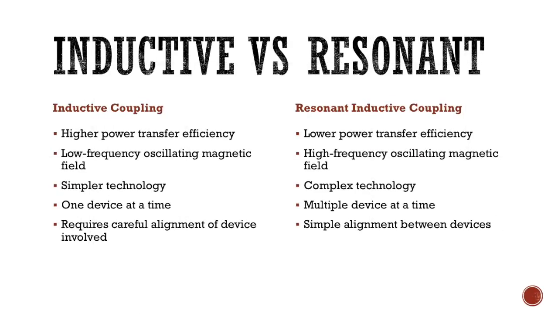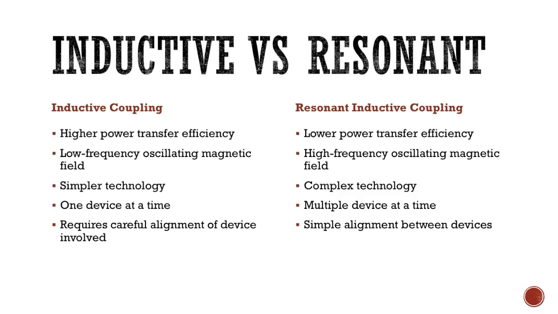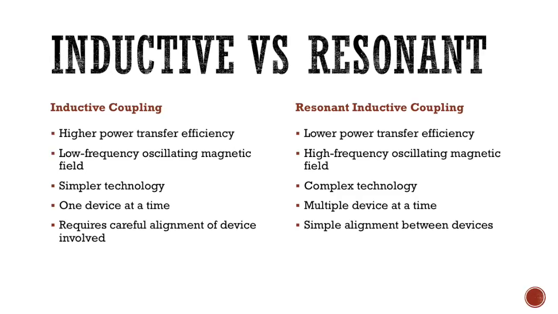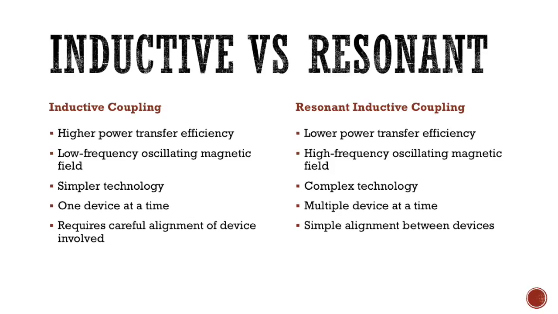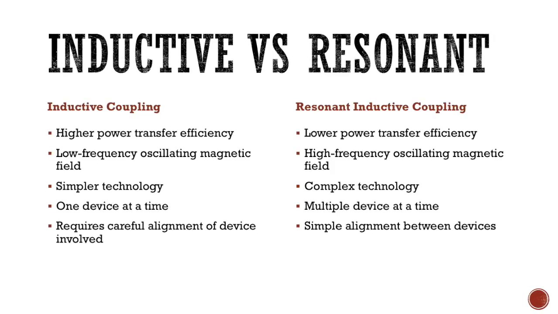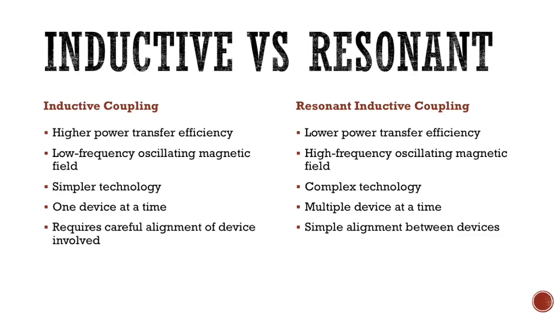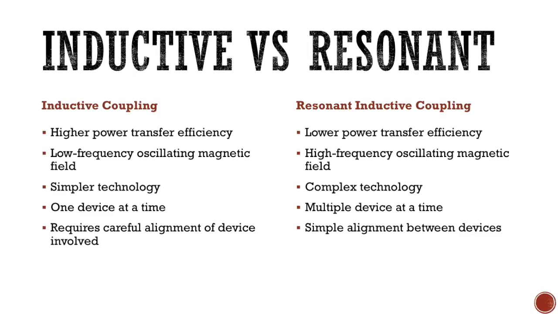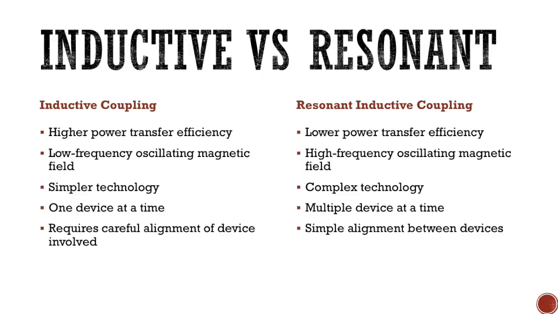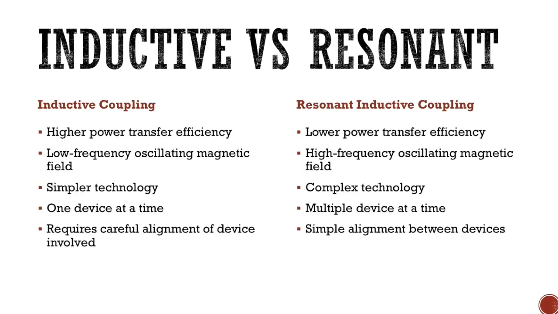Let's look at the comparison between WPT using the inductive and resonant technology. Inductive coupling gives high power transfer efficiency while maintaining a low frequency of oscillating magnetic field. The vice versa goes for resonant.